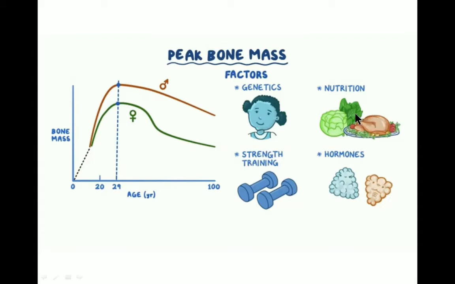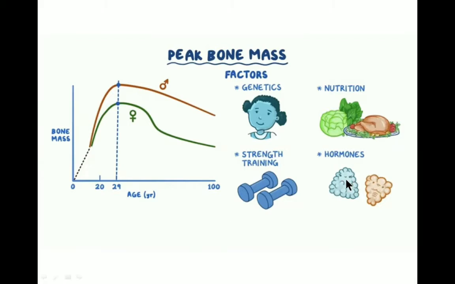Coming to nutrition, foods with a higher content of vitamin D will increase the bone mass. Regular exercise or strength training also increases the bone mass. And some hormones, like estrogen and androgen, inhibit the resorption process.